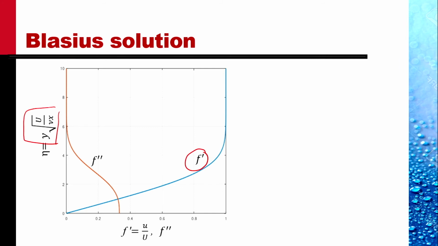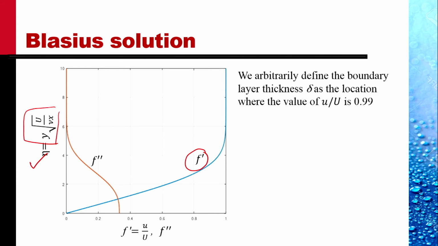If we reduce the y coordinates and transform into eta by this transformation. We arbitrarily define the boundary layer thickness delta as the value where u by capital U is 0.99.